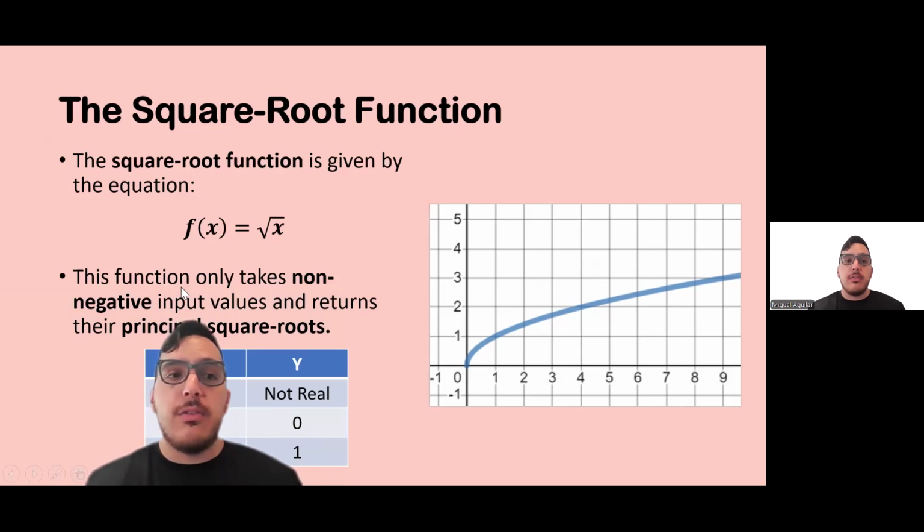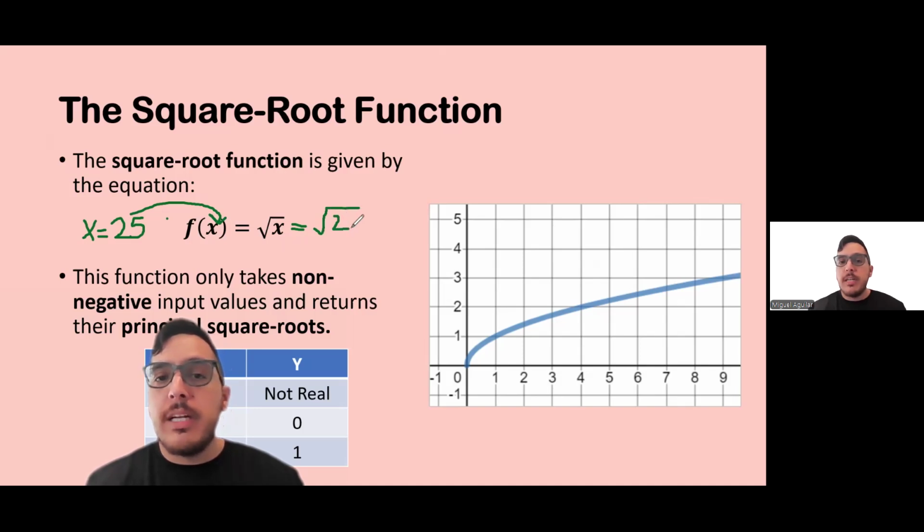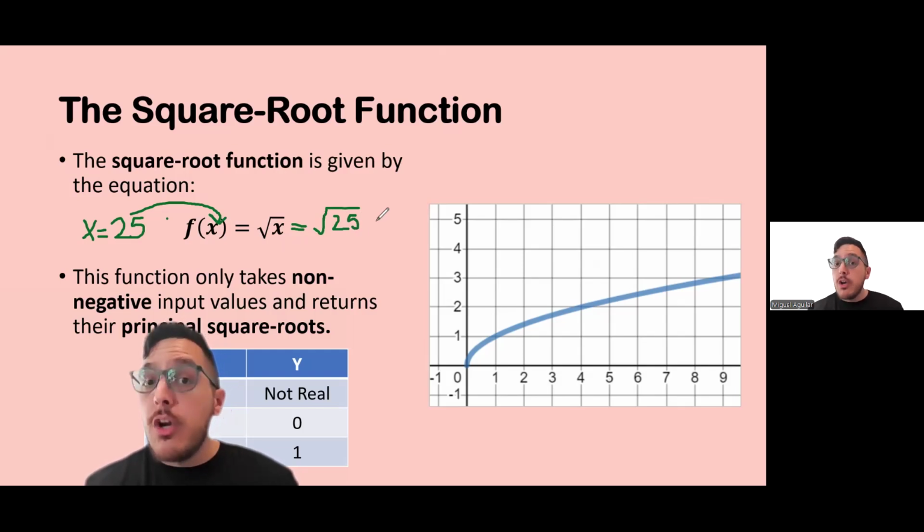However, if you can take the square root of a number, then the output is going to be whatever that square root is. So for instance, let's say x is equal to 25 and plug that into our function. Then I need to take the square root of 25. Depending on your skill level and what you remember from previous math classes, you might know off the top of your head what the square root of 25 is.